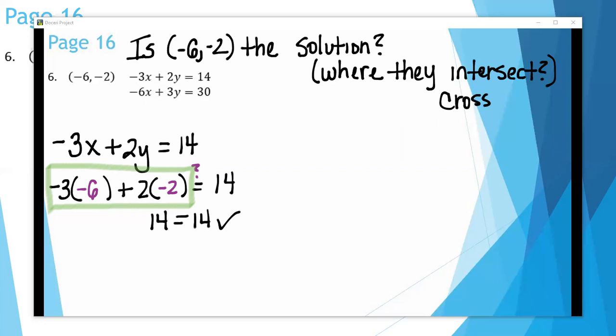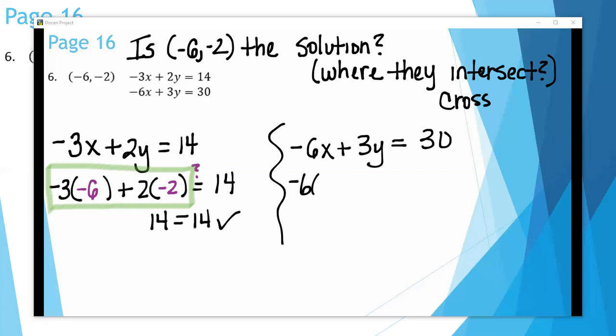So if we get a no in the first equation, we can stop. We don't have to check the second equation. But if you get a yes in the first equation, you do need to go back in and check the second. So for the second one, it's negative 6x plus 3y equals 30. So let's go ahead and do the same thing, except this time I'm putting in my second equation, still checking negative 6 and negative 2.